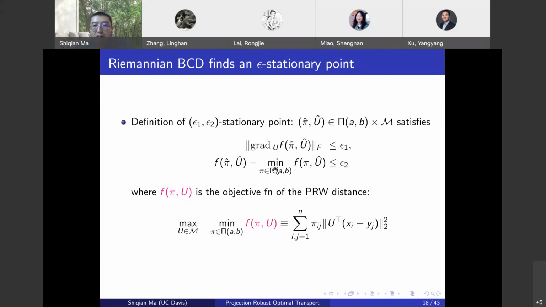The second inequality says that if u hat is given, then pi hat is good, because for the pi variable, the function value error is bounded by epsilon 2. This is our definition of the epsilon 1, epsilon 2 stationary points.